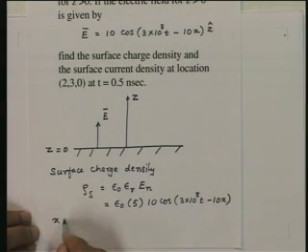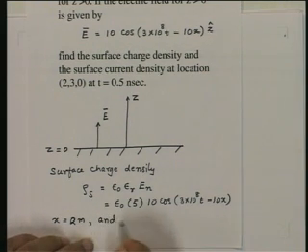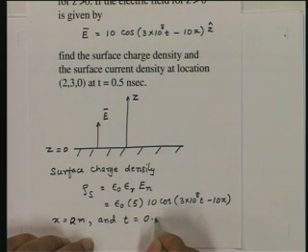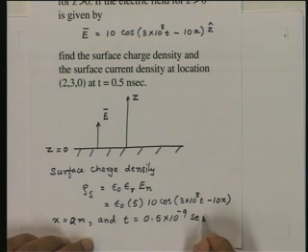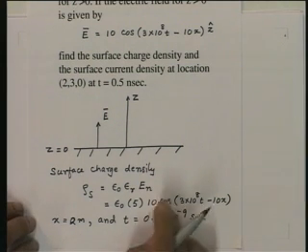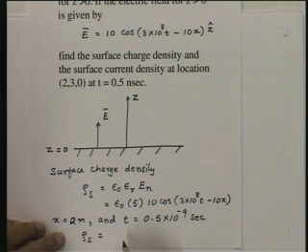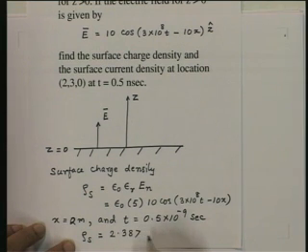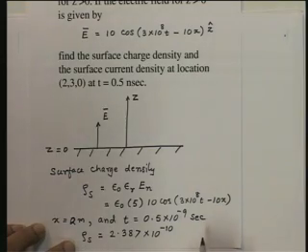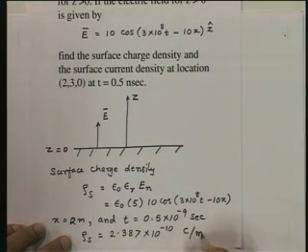So, x is equal to 2 meters and t is equal to 0.5 into 10 to the power minus 9 seconds. If I substitute that into this expression, I get the surface charge density rho s, that will be 2.387 into 10 to the power minus 10 coulomb per meter square.